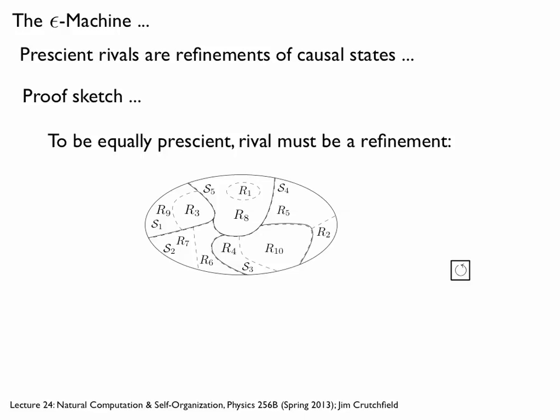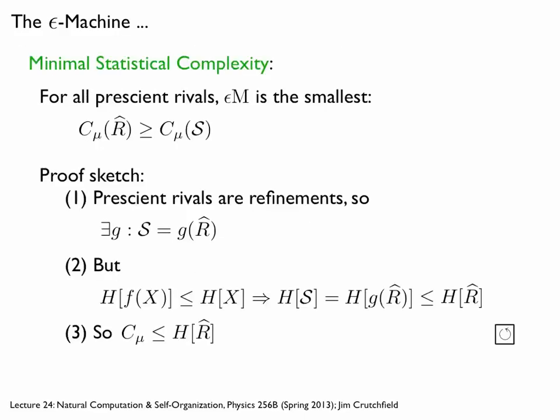Okay, so now with that graphical picture of what's going on as we compare different models, we can establish the second optimality property of epsilon machines, namely that they're the smallest. Of all the prescient rivals, all the models that would give you the entropy rate or predict optimally, the epsilon machine is the smallest. What do I mean by small?